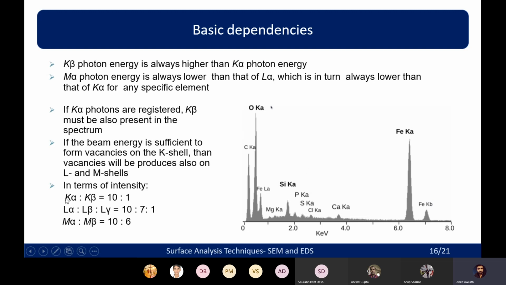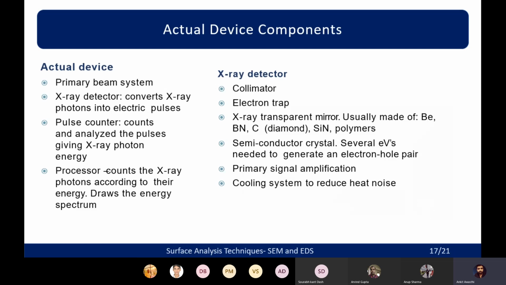Generally, the K alpha intensity is 10 times that of K beta. So the number of photons we get from K alpha is almost 10 times that of K beta. It is a rule in EDS analysis, so it always goes like that. And similarly for L alpha and L beta, you can see that it varies like this.